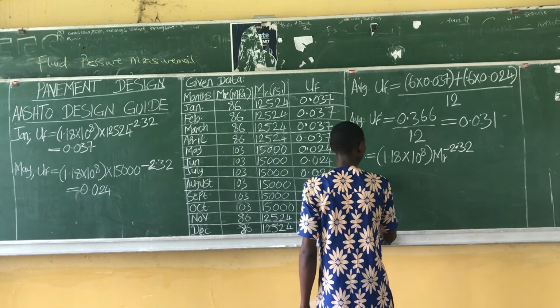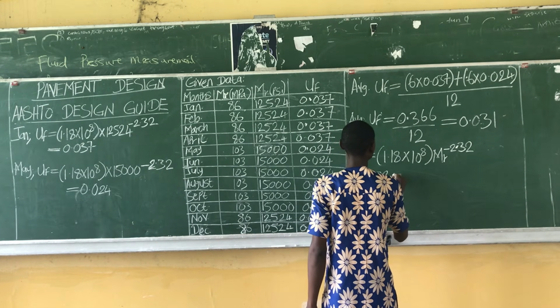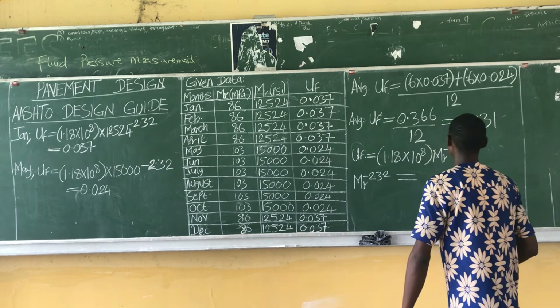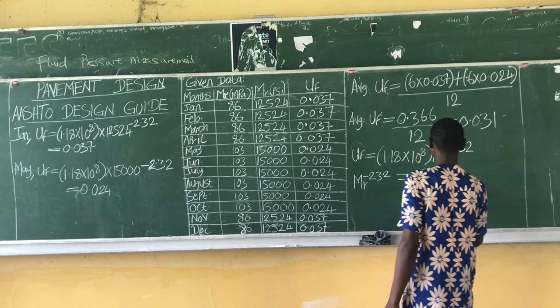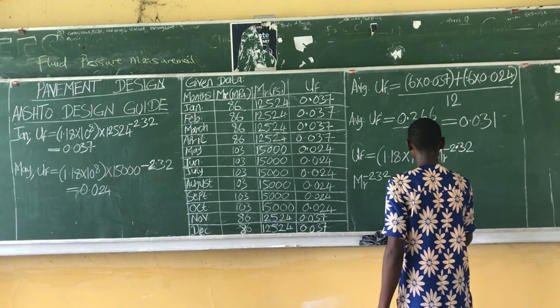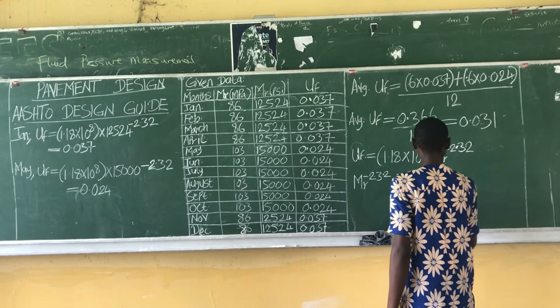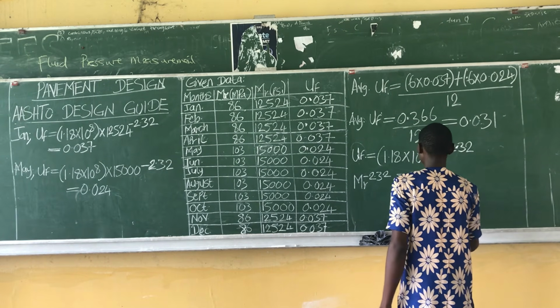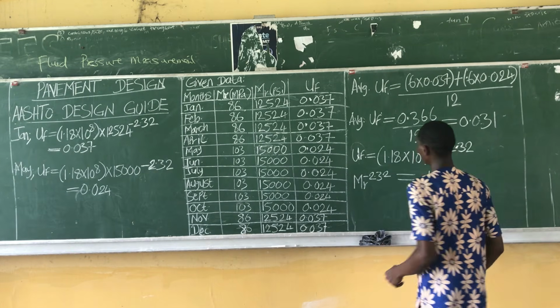So MR raised to the power minus 2.32 is simply equal to 1.18 times 10 raised to the power 8.